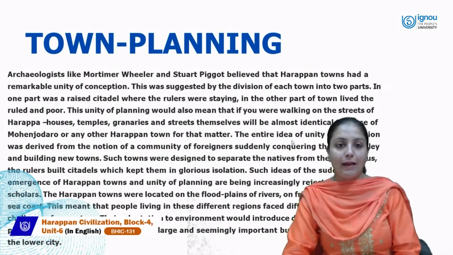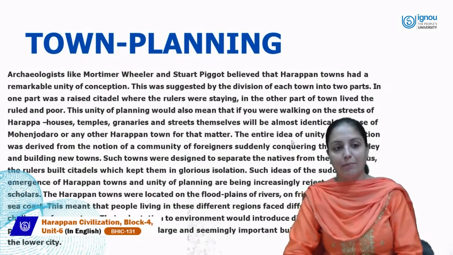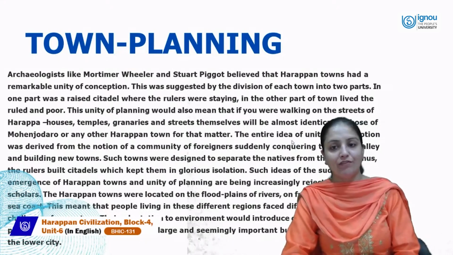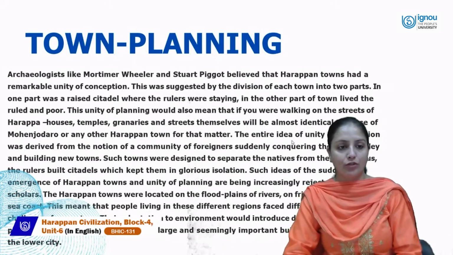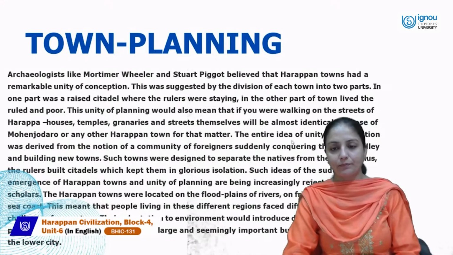This unity of planning would also mean that if you walk on the streets of Harappa, the houses, temples, granaries, and streets themselves will be almost identical to those of Mohenjo-daro or any other Harappan town.